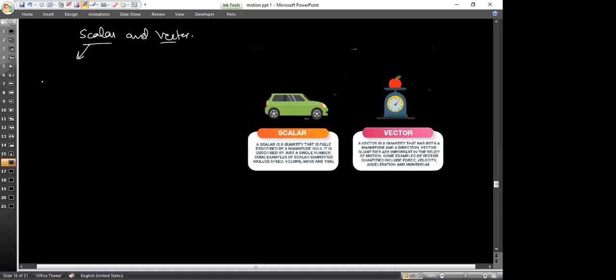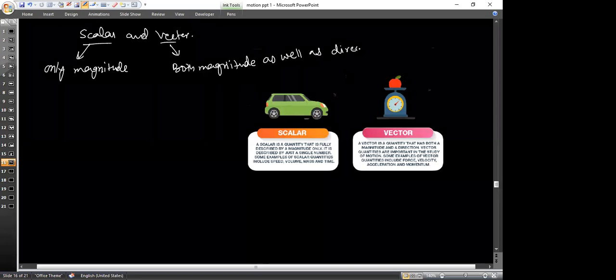Those physical quantities that have both magnitude as well as direction. We call them vector quantities.